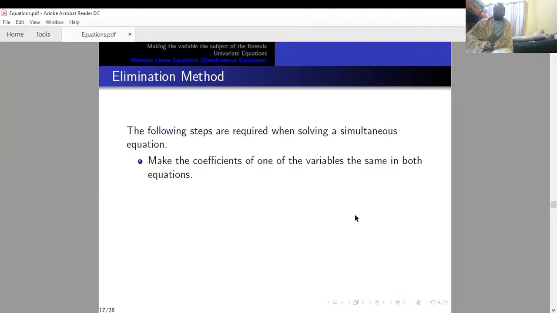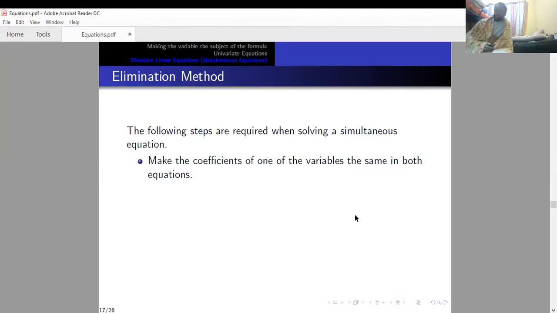The elimination method. Now, the steps for the elimination method are as follows. First, you make the coefficients to be the same. Otherwise, if the coefficients are not the same, the variables cannot cancel each other. Remember what we said about opposites? We want the variables to have the same magnitude, but different signs.